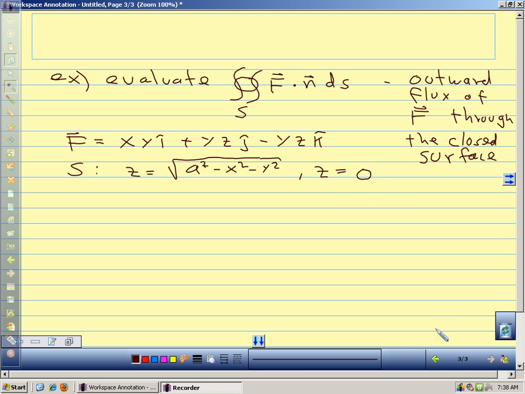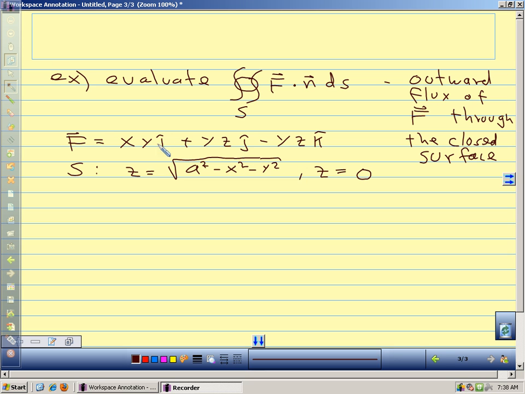So what's the surface that we're talking about here? A sphere of radius a, and z equals 0. What is that telling us? Above the xy plane. So we're talking about a hemisphere. So we have a hemisphere of radius a, and we're talking about the upper portion.